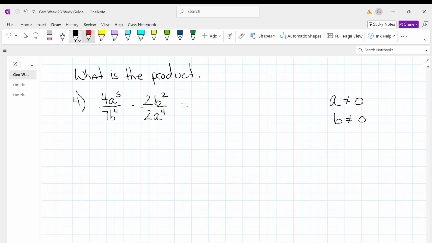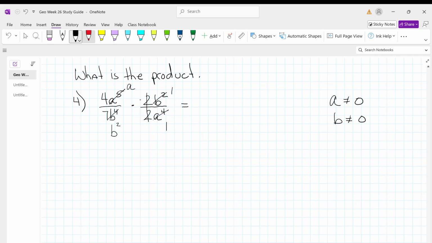So right off the bat, I'm going to cancel these 2's. This b to the 4th and b squared goes into itself once, and into b to the 4th, b squared times. A to the 4th goes into itself once, and it goes into a to the 5th, a times.